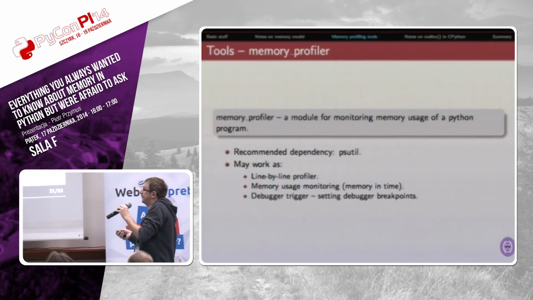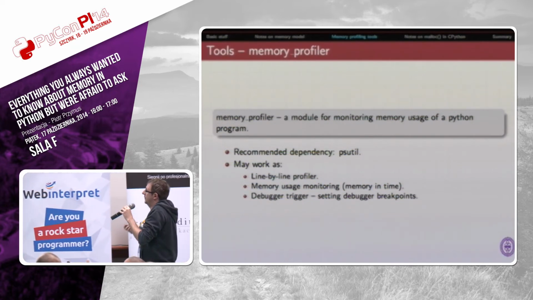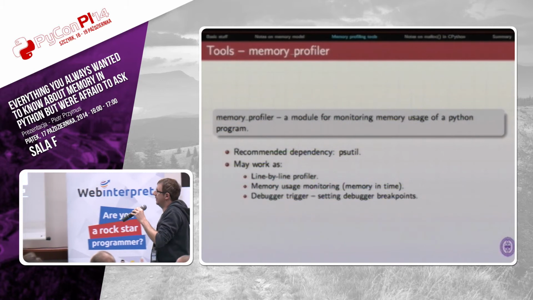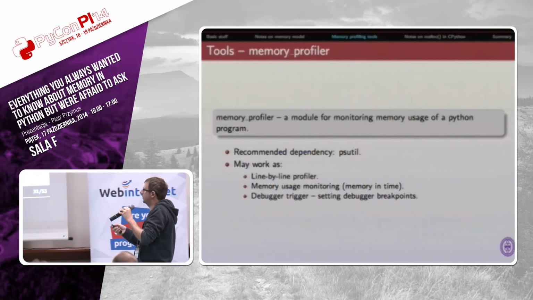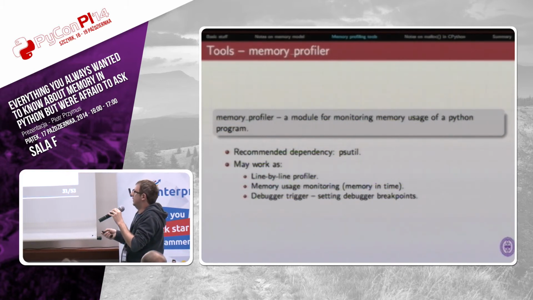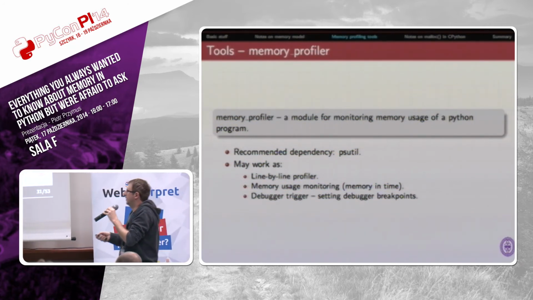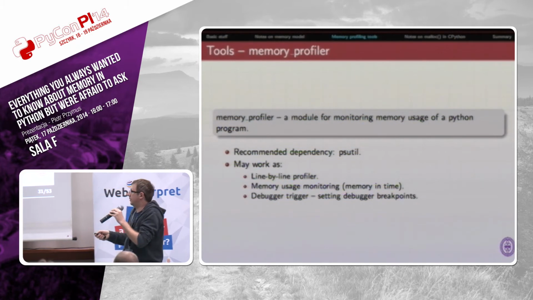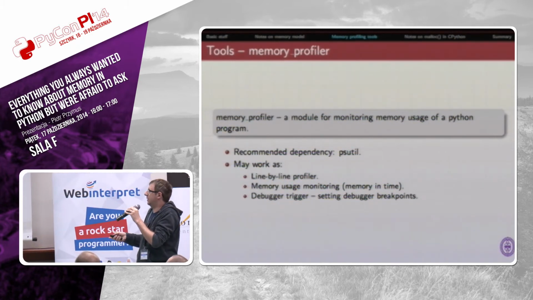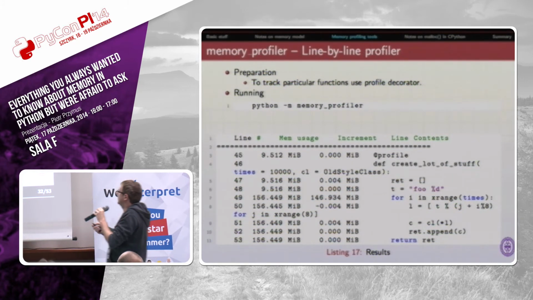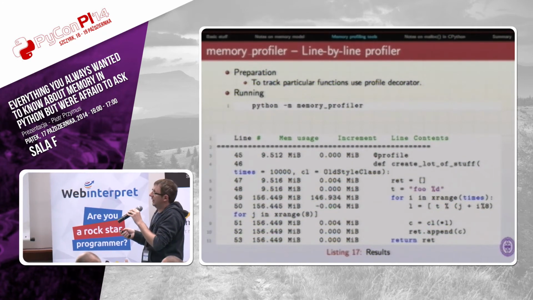There's also a library called Memory Profiler, and it can work in 3 modes. You can use it as a line-by-line profiler, as a memory usage monitor, or with the debugger as a debugger trigger. So let's start with the line-by-line profiler.